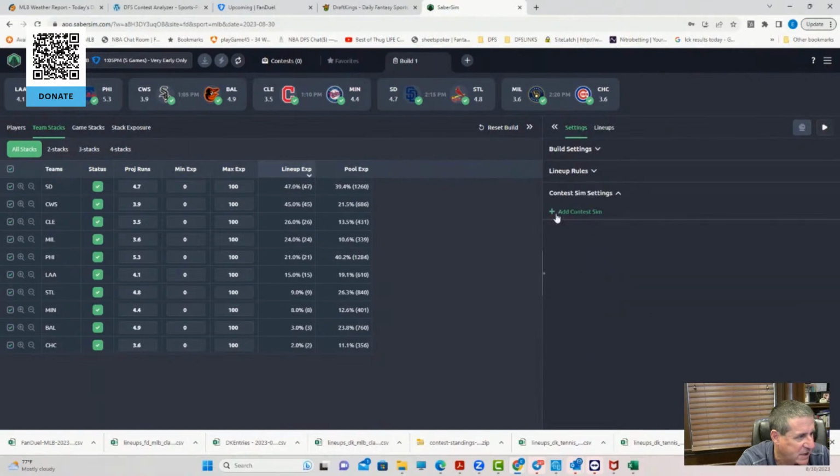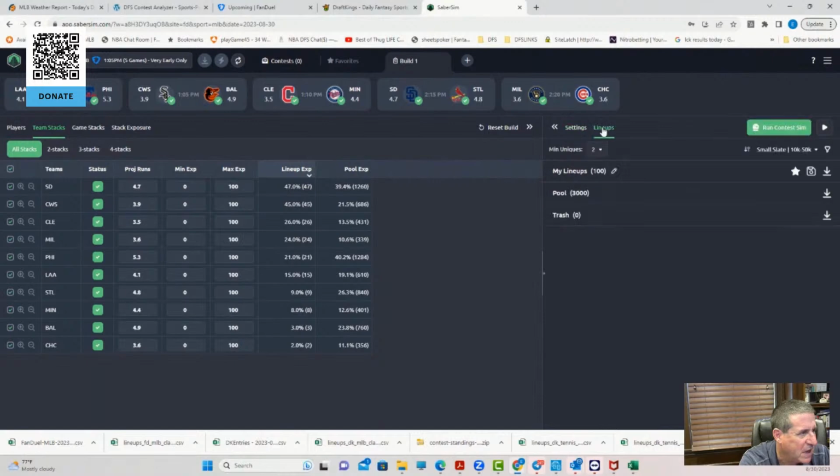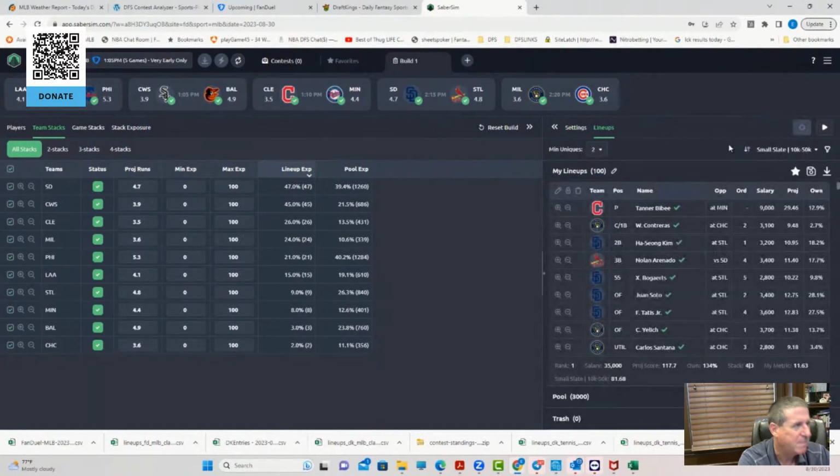Contest sim settings, add contest sim, flagship. Again, we're going to make it 10,000 lineups. Save this. And once again, we will go and run a contest sim. Let's see what we got.